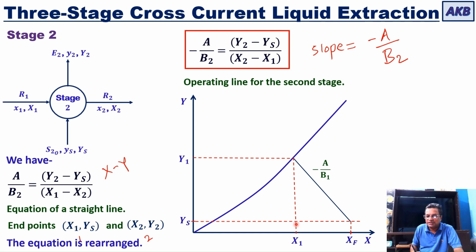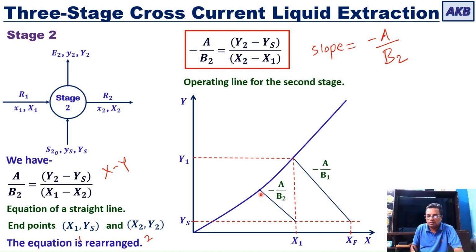So the operating line for second stage will start at this point, and it will be drawn with a slope of minus A upon B2, and this line will go on and intersect with the equilibrium curve. Ideally, this should happen because the raffinate and extract phase that leave stage number 2 will be in equilibrium with each other.